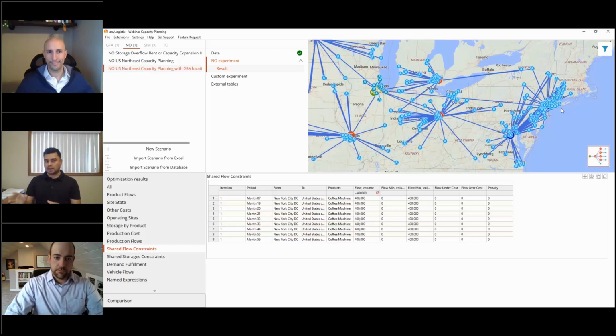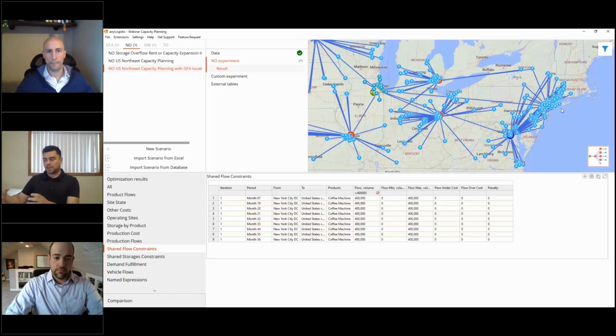But this tells me something. If we're going to go to New York City, 400,000 might not be what we're looking for. Maybe that throughput should be a bit higher, so maybe our layout should be a little bit bigger. So this already tells us, hey, we should be looking for a location that can produce 600,000 or 700,000 throughput. But we know at this point that for New York City that throughput is not enough.